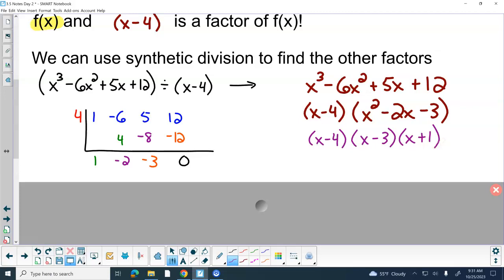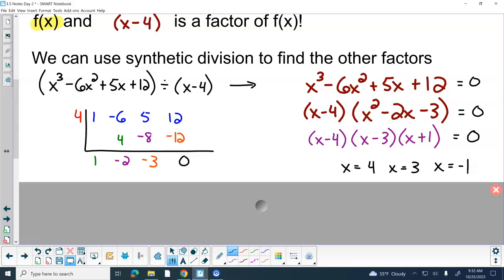Then we could say, now that we have all those factors, right? If we went back up here and we said, let's make this equal to 0, now we could say that x equals 4, x equals 3, and x equals negative 1 are our answers. We can do all of that stuff now.